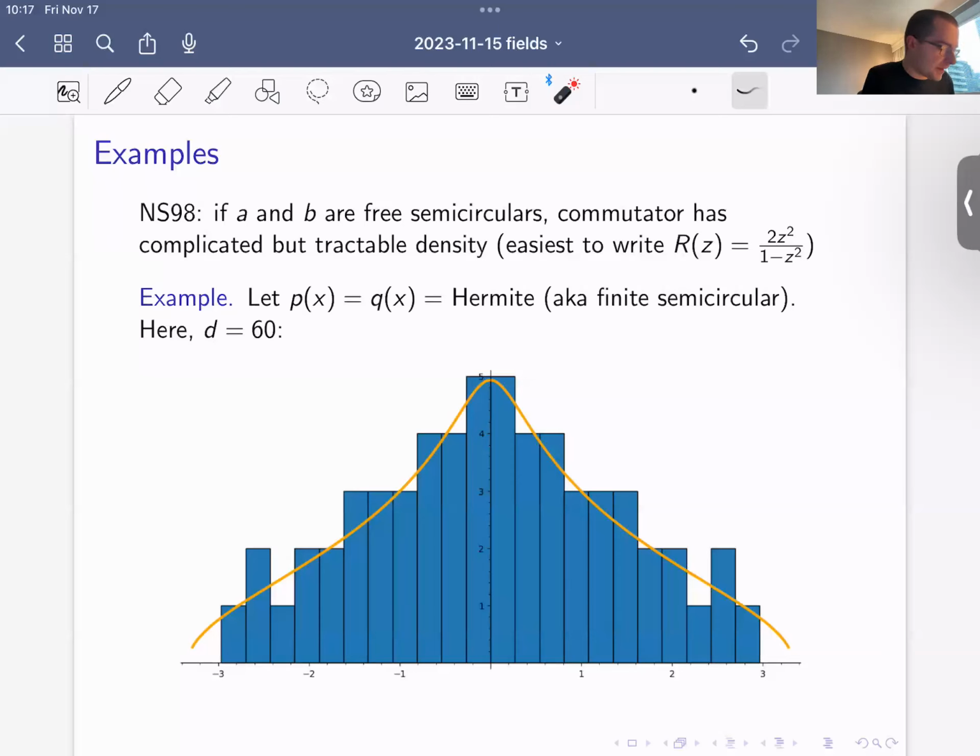And so if you put these polynomials into the computer and find their commutator, here D equals 60, and it's already pretty close to the right density based on free probability. So yeah, these are just a couple of examples to show very concretely what my result is doing.